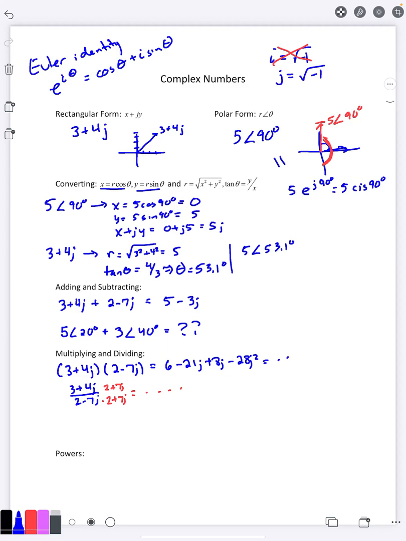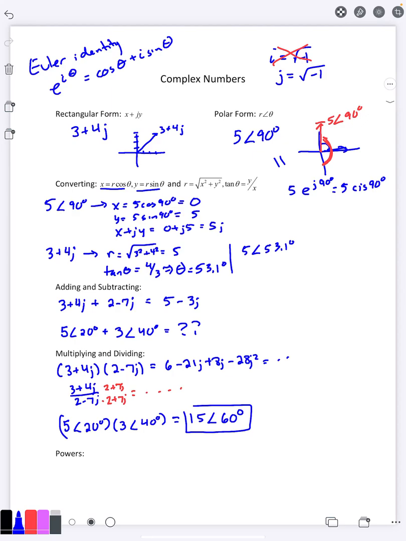On the other hand, if you want to multiply two numbers in polar form, it's incredibly easy. You multiply the front numbers, 5 times 3 is 15, and then you add the angles together, and that's it.